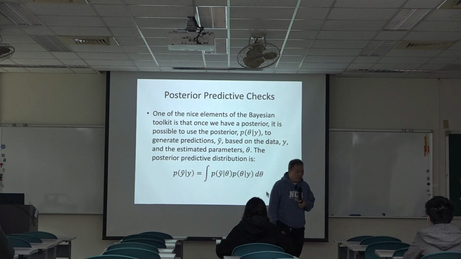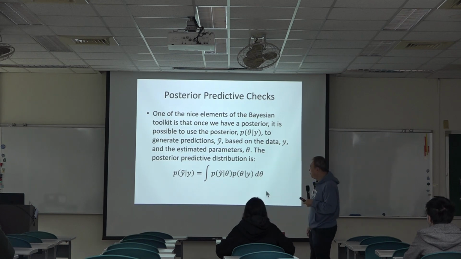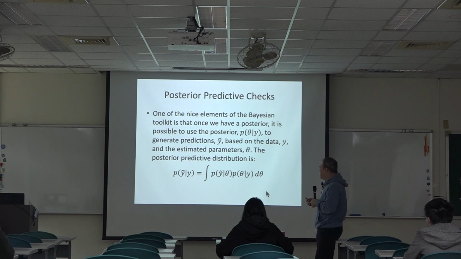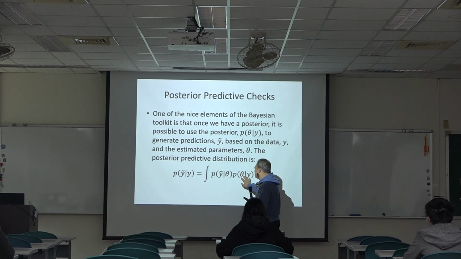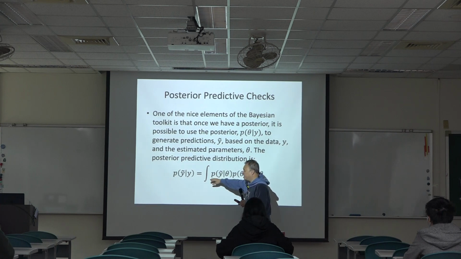model parameter, we want to find the distribution of the data point. We want to predict the distribution of the data point. So you get the theta from this probability distribution, and then you use that theta to sample y from your model.